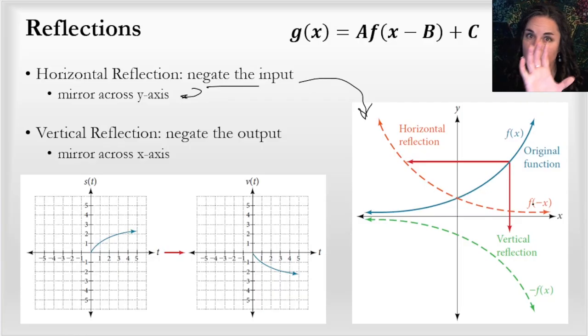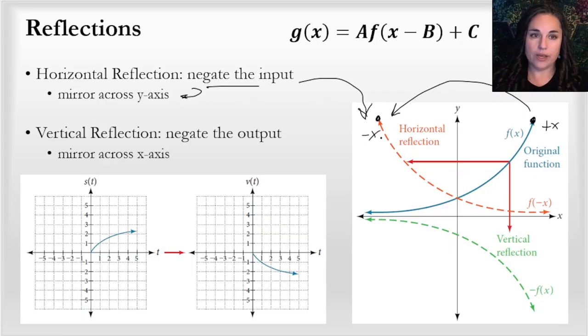If I flip it over that y-axis, I'm using the y-axis as a mirror. Whatever point is at a positive x here, I negate it and have it be a negative x on the input, and that results in a different output, right? So that's a horizontal reflection. Now you have an intuition for what a vertical reflection is going to be.